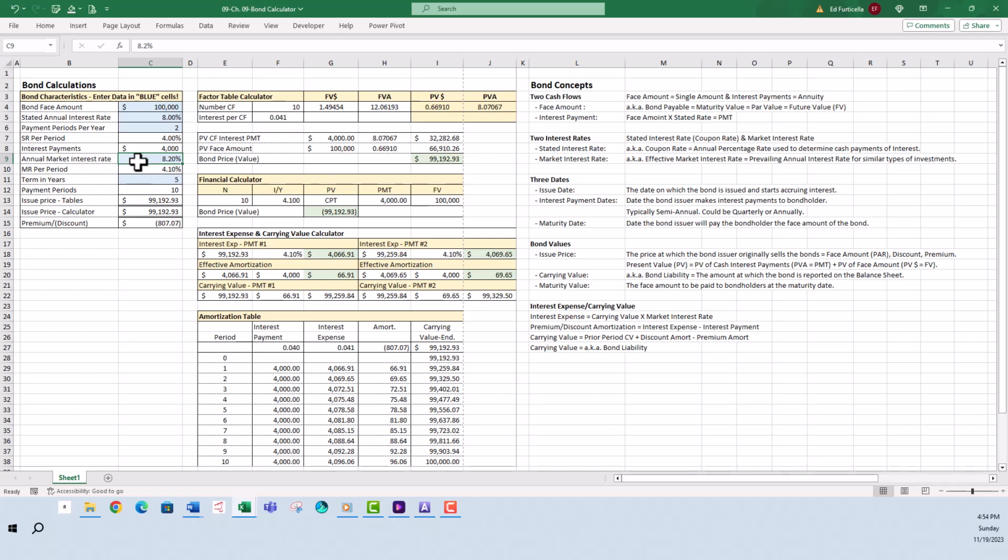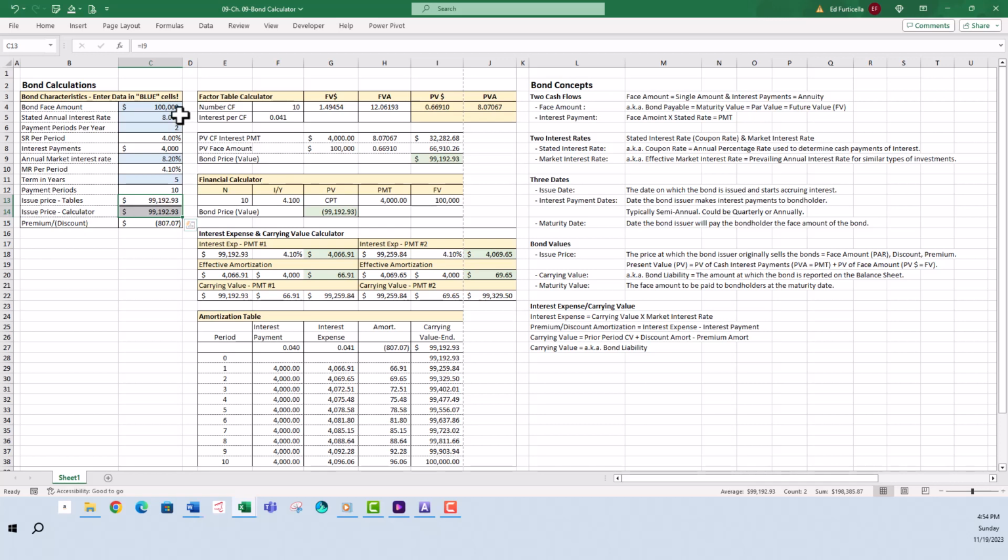Changing the 7.6 to 8.2 results in a bond value of $99,192.93. This is an example of a discount bond. Whenever the stated rate is less than the effective market rate, the company will receive less than the face amount for their bonds.